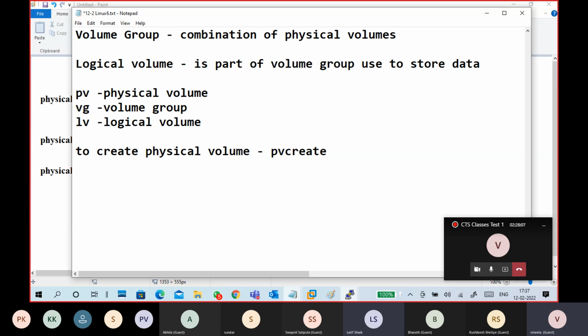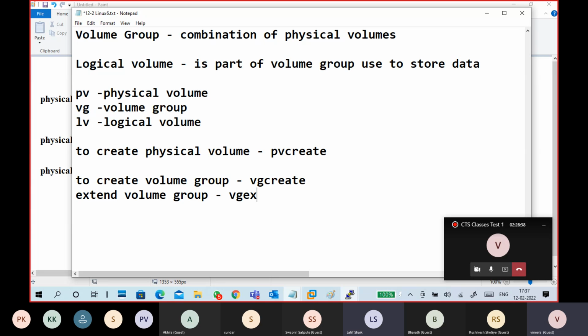To create a volume group, it is vgcreate, with the physical volume names you have to give. To extend a volume group, vgextend.